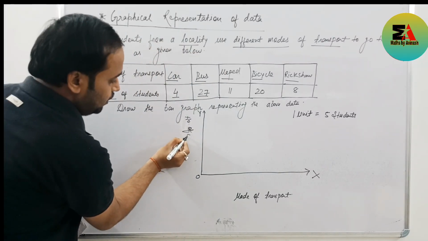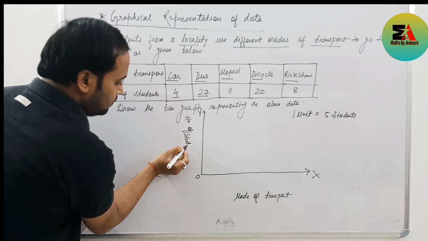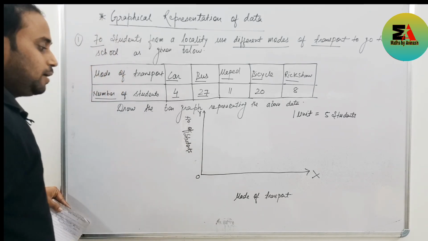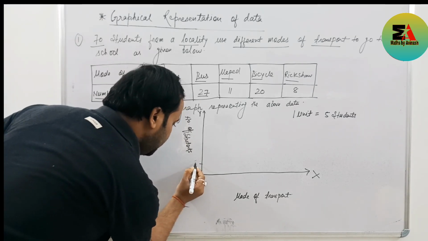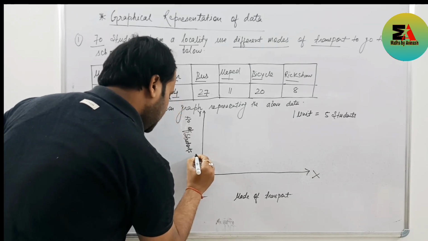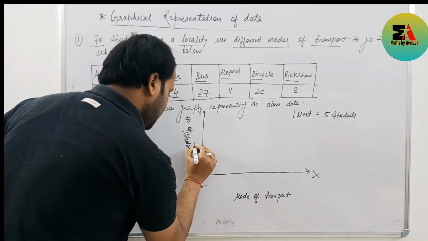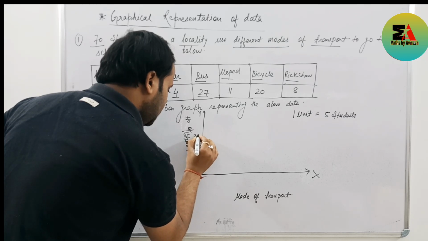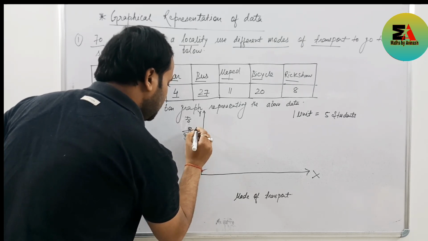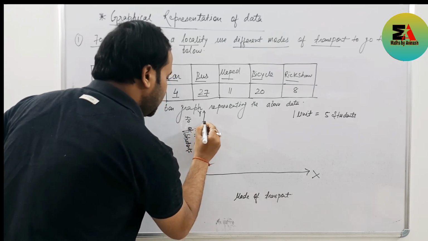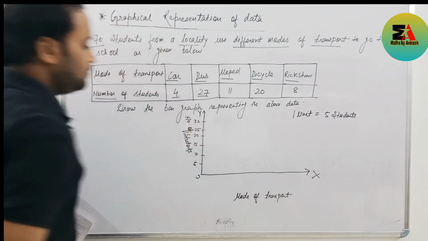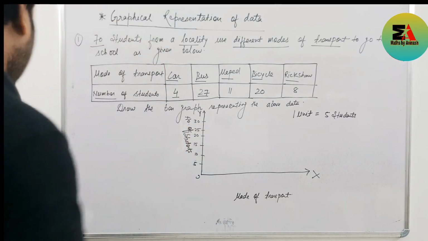Number of students. Clear? This one is 0. So here you have to plot 5, the same as 10, 15, 20, 25, and the next one is 30. I hope this one is clear to you.